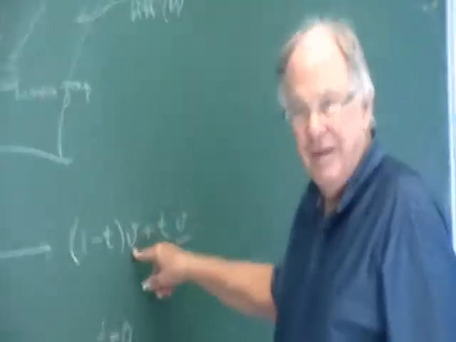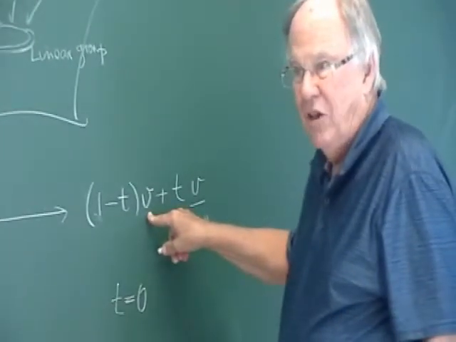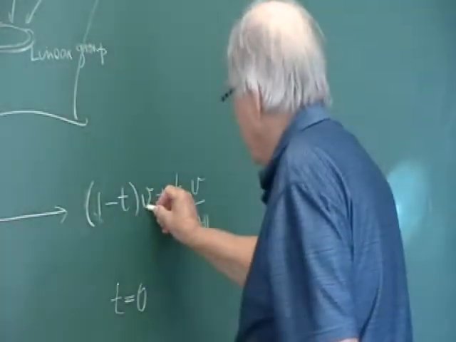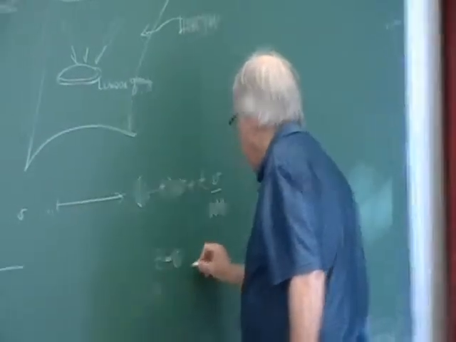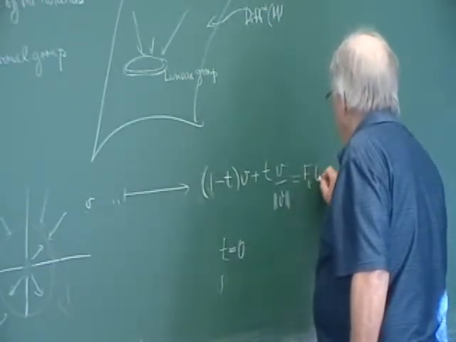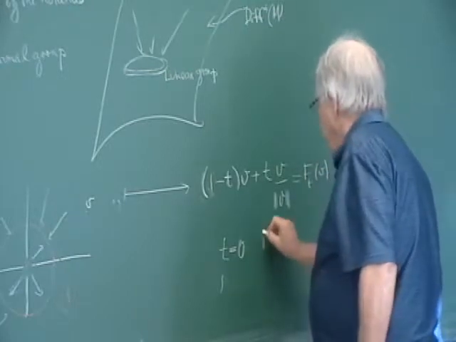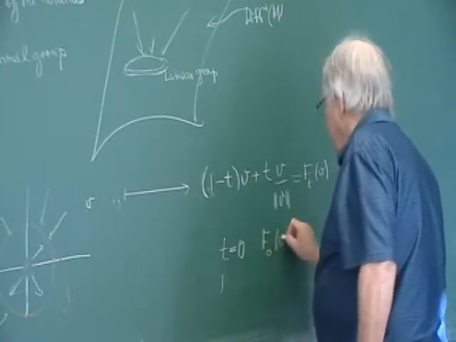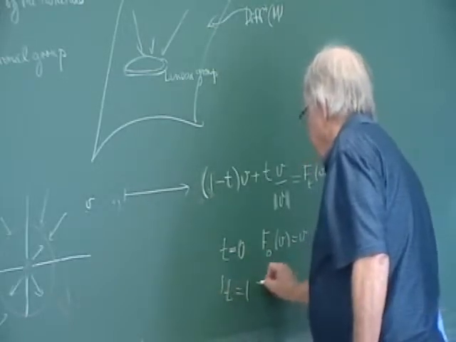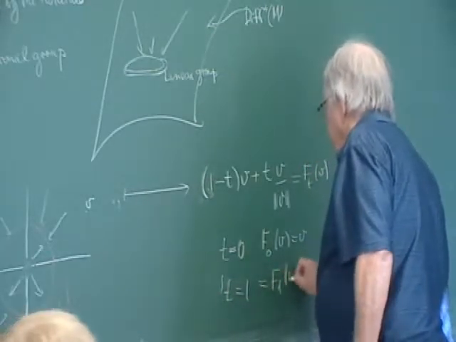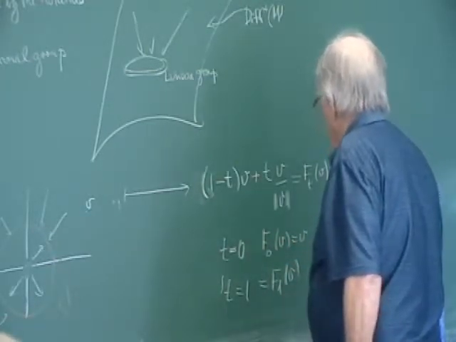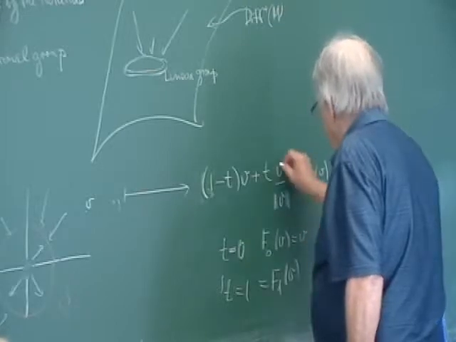Nothing happens. Here's V, and nothing happens. So this flow, flow 0 of V equals V. And at time equal 1, flow 1 of V, this part goes away, V over norm V.